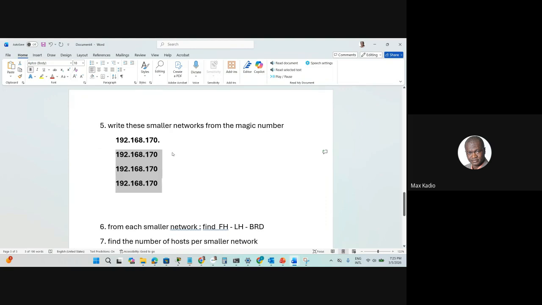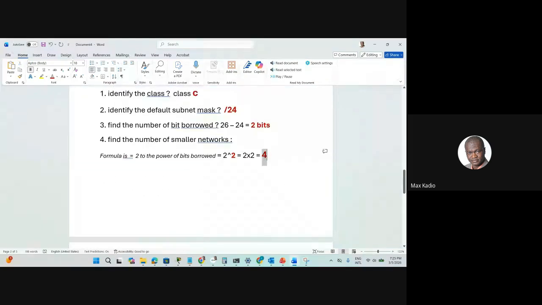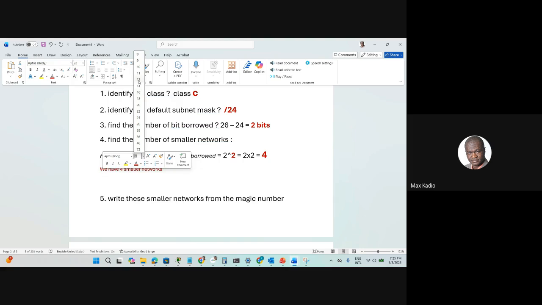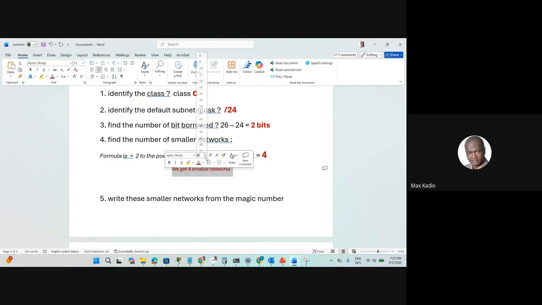You see, because we say we have 4 smaller networks. We get 4 smaller networks.